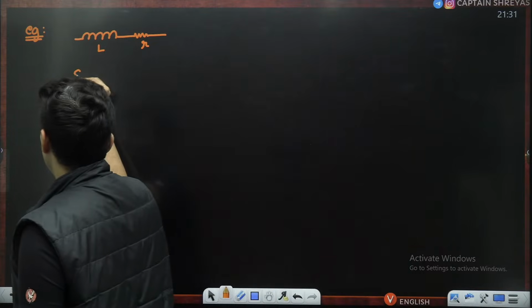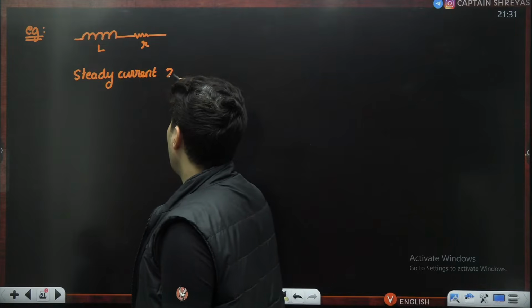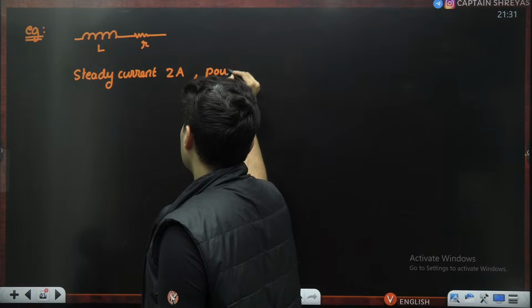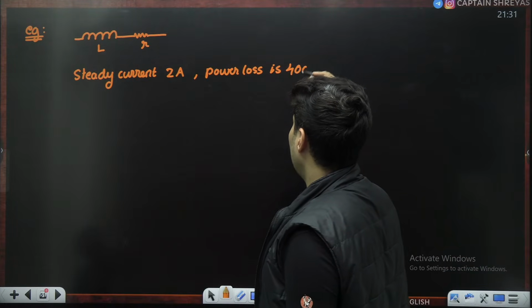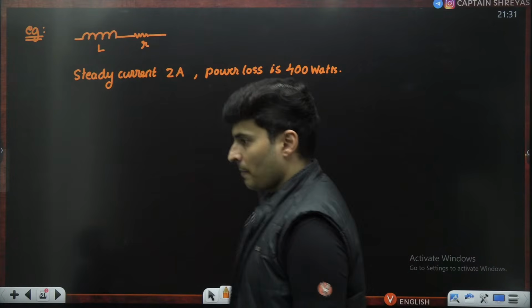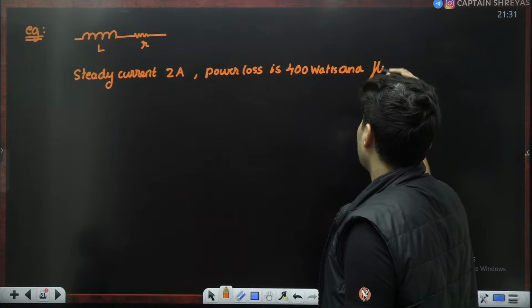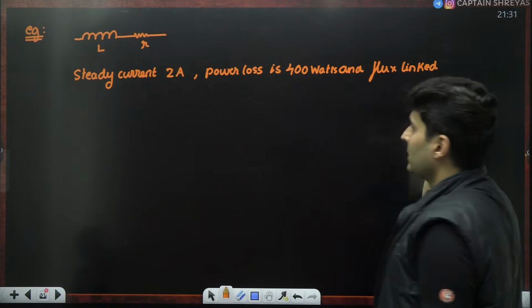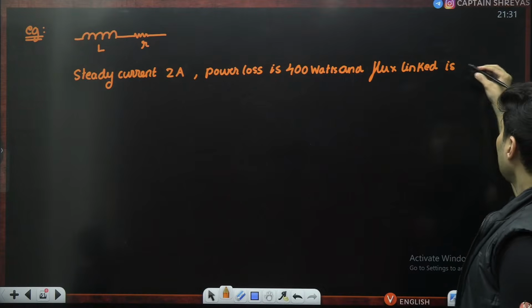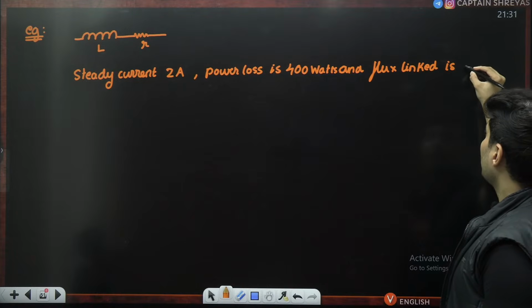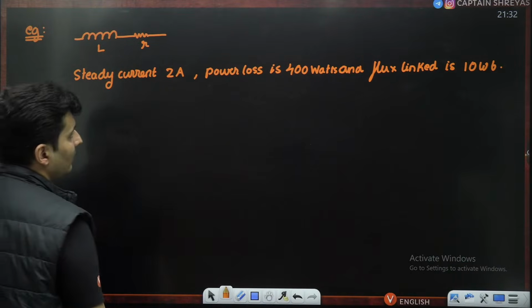It is said that for a steady current of 2 amperes, the power loss is, for example, 400 watts, and the flux linked is, let's say, 10 Weber.